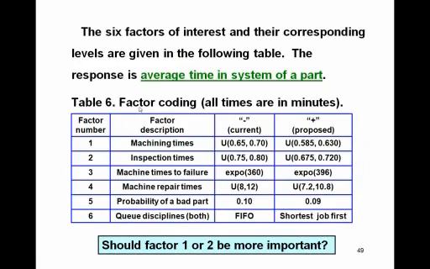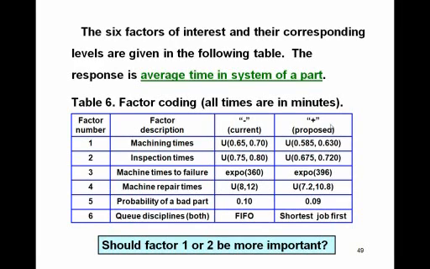Okay, here's our coding chart. We have 6 factors. Our first one is machining times. We'll take our minus level to be what the manufacturing company is currently doing. As we said, uniformly distributed over the interval 0.65 to 0.7 minute.